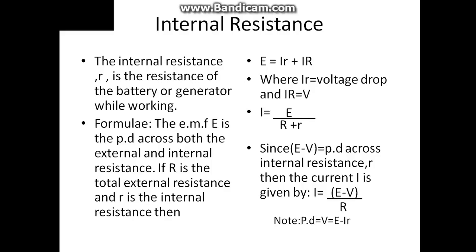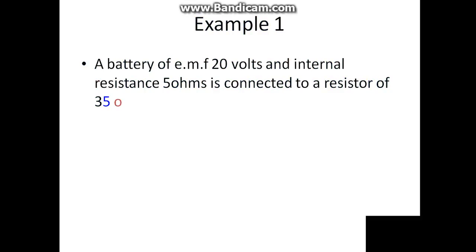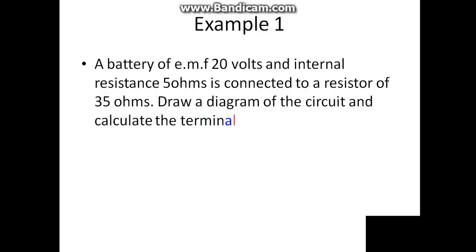Example 1. A battery of EMF 20 volts and internal resistance 5 ohms is connected to a resistor of 35 ohms. Draw a diagram of the circuit and calculate the terminal potential difference PD. Solution. Looking at the figure, capital E is equal to capital V plus capital I times small r.